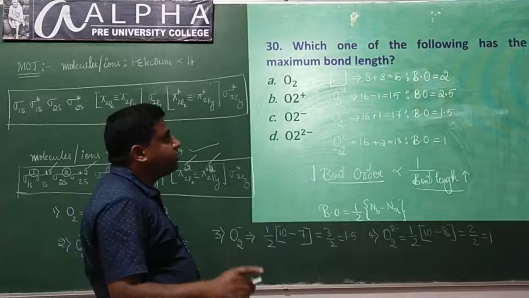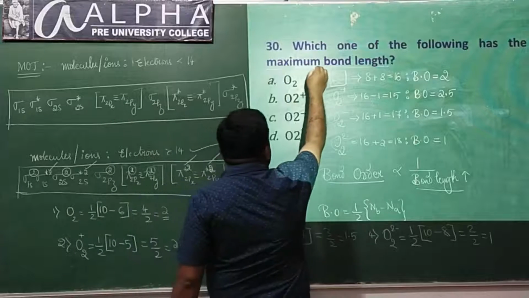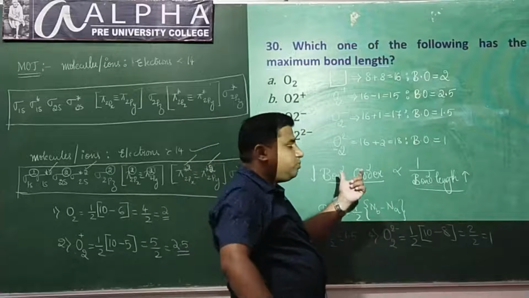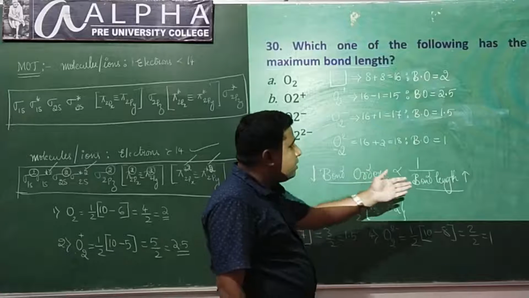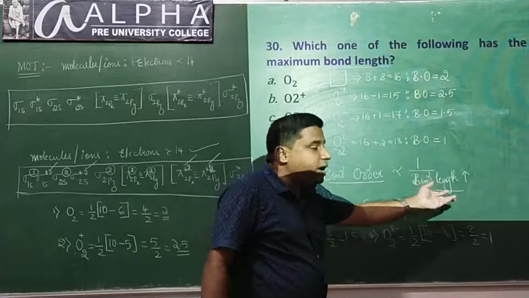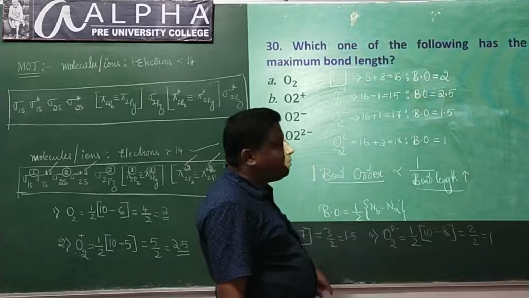Now the question is not about calculating the bond order. The question is asking you to find out which of them has maximum bond length. I told you bond length is inversely proportional to bond order. Lower the bond order, maximum will be the bond length. So which of them has minimum bond order?